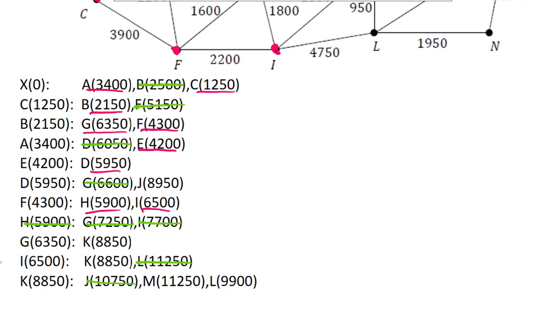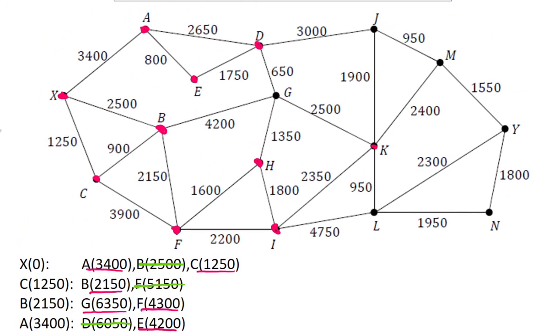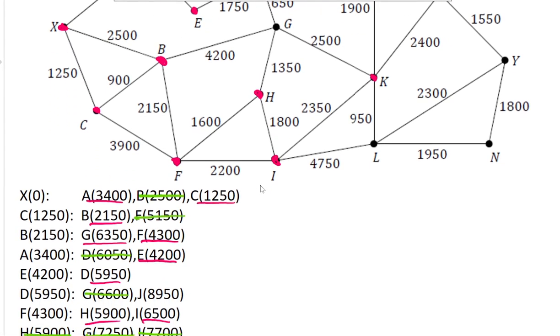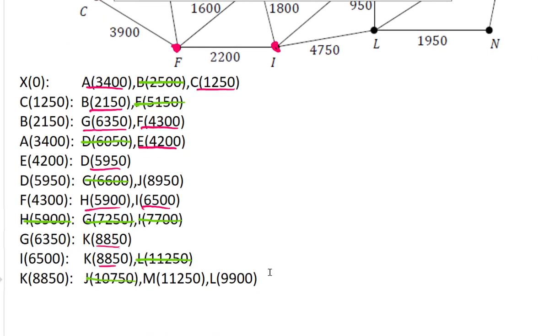So now K is visited, so we don't need to worry about those two. J is not yet visited because we haven't dealt with all the edges yet. So J for 8950.